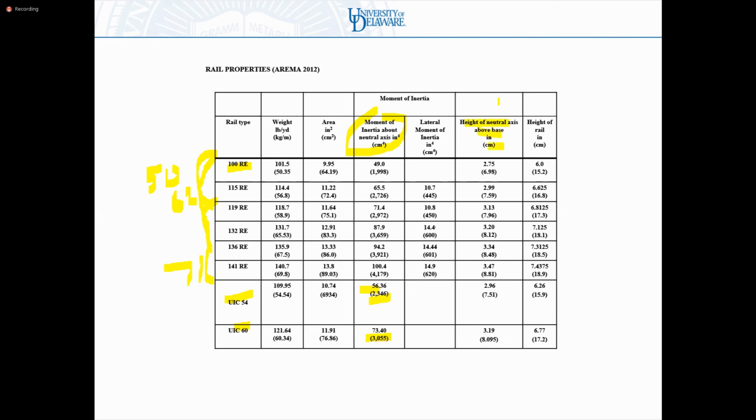This is C, the height of the neutral axis above the base. So for UIC 60, it's 8 centimeters. And this is H, the height of the rail, 17 centimeters.